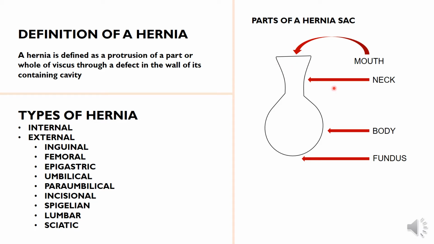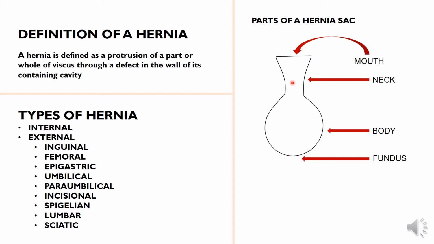Now when a viscus herniates, a sac is usually formed by the wall of the cavity which it herniated from, and usually the sac has four parts, namely the mouth of the sac. So it is through the mouth that the hernia enters into this cavity, and then you have the neck of the sac.